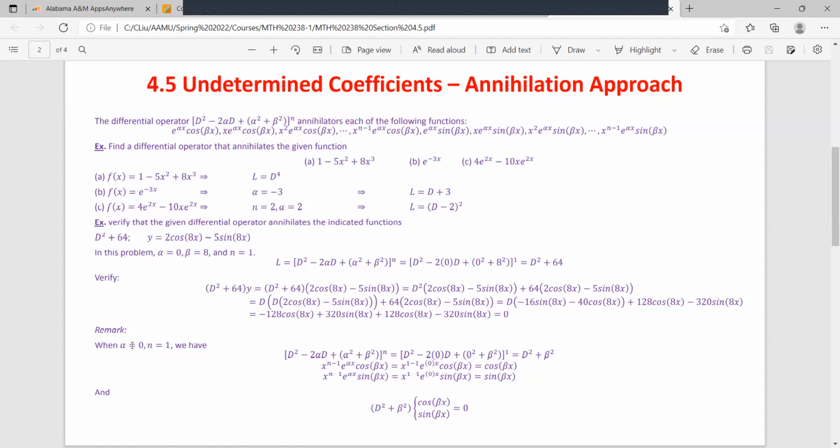If you let alpha equal 0 and n equal 1, this becomes D² plus 2 times 0 times D plus 0 squared plus beta squared, to the first power. So it's just D² plus β². We got some zeros in here.